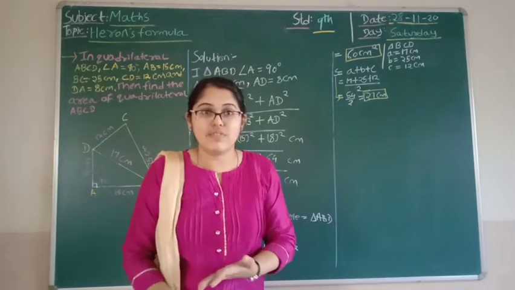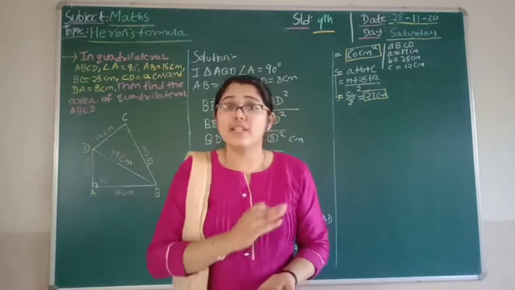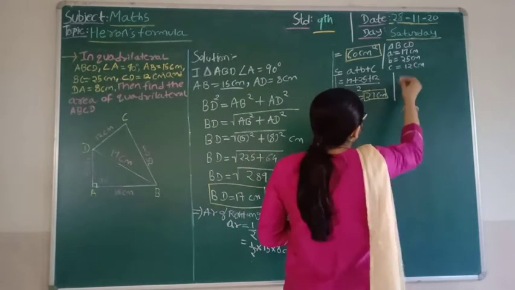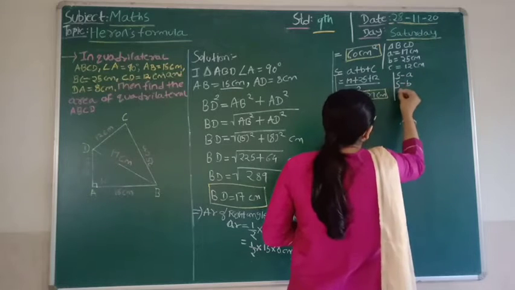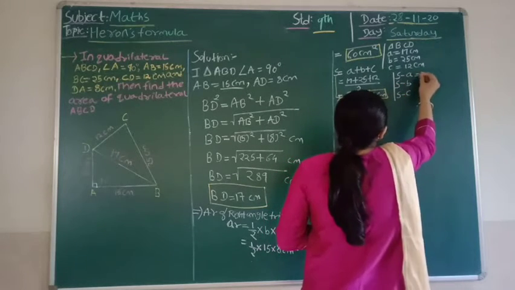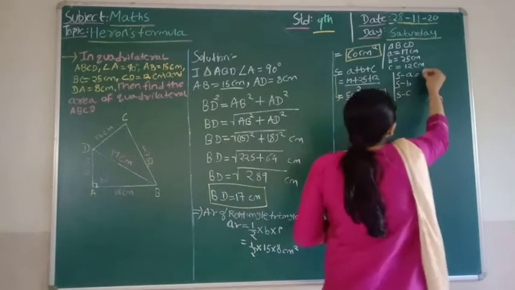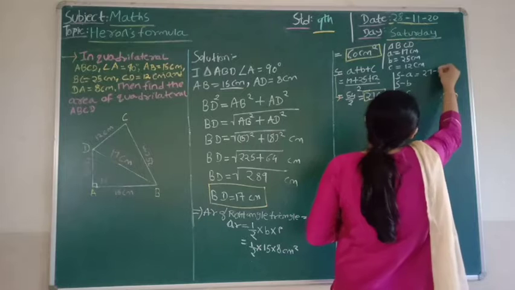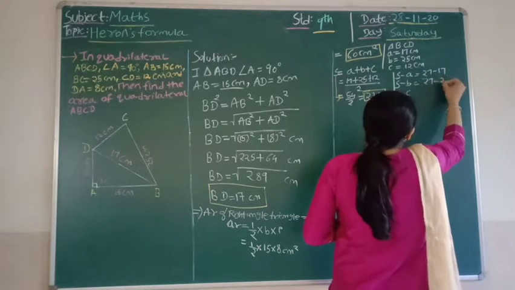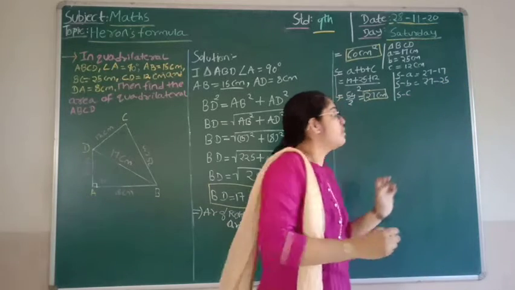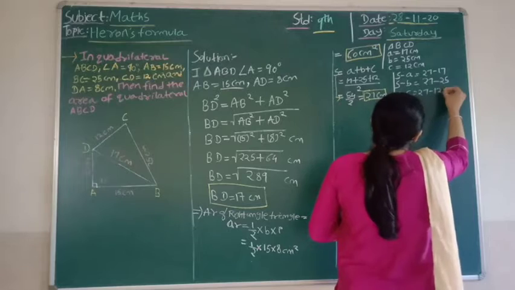Now we have the value of sides, we have the value of S. So on that basis, S minus A, S minus B, and S minus C. S is 27. So here, 27 minus 17, similarly 27 minus 25, and 27 minus 12.